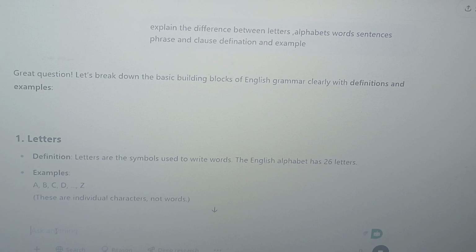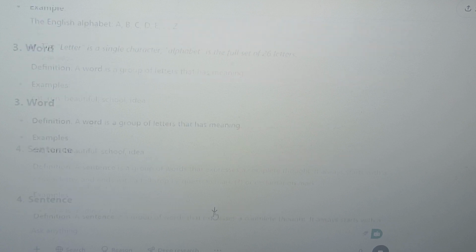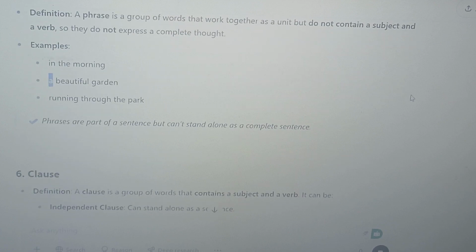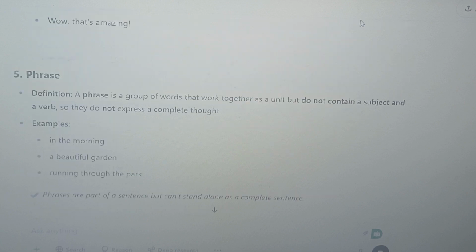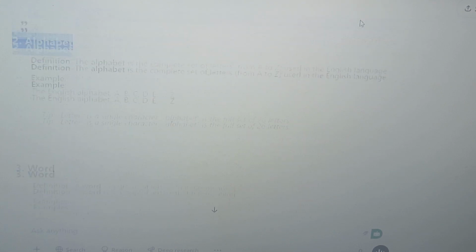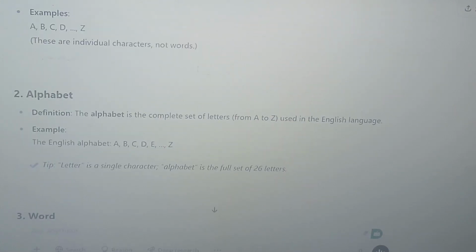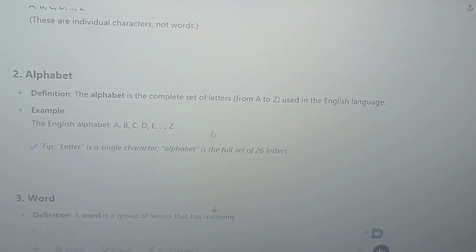Building blocks, letters. So letters are the symbols used to write the whole word. The English alphabet has 26 letters. So alphabet is the complete set of letters, from A to Z, used in the English language.